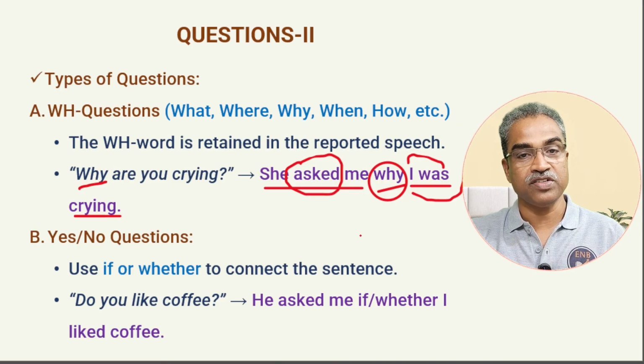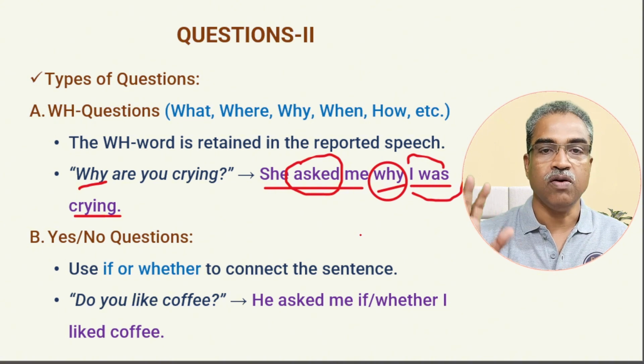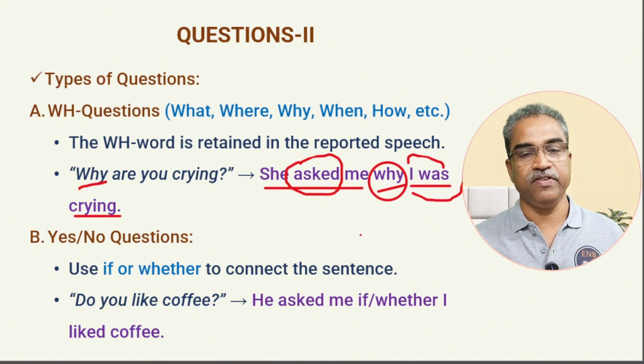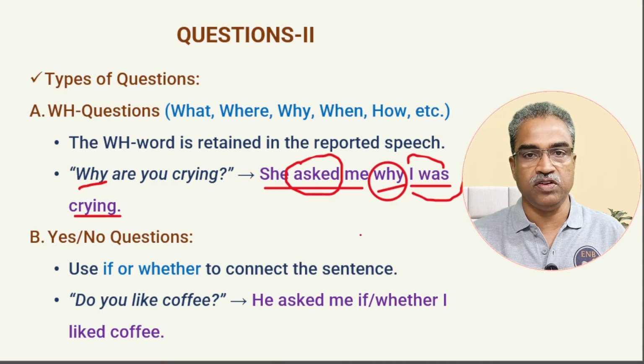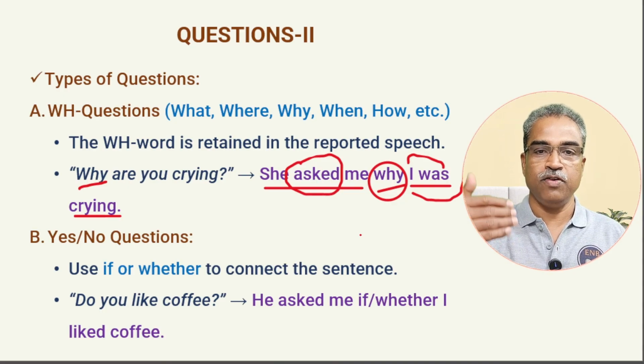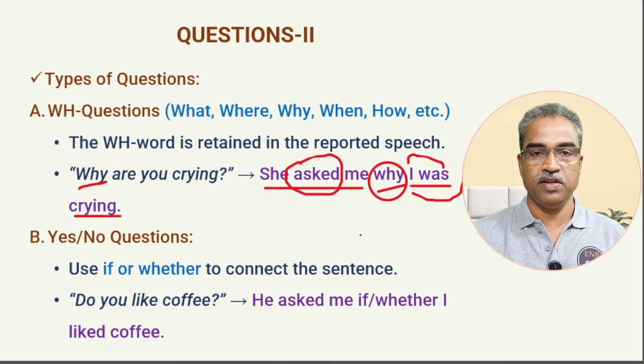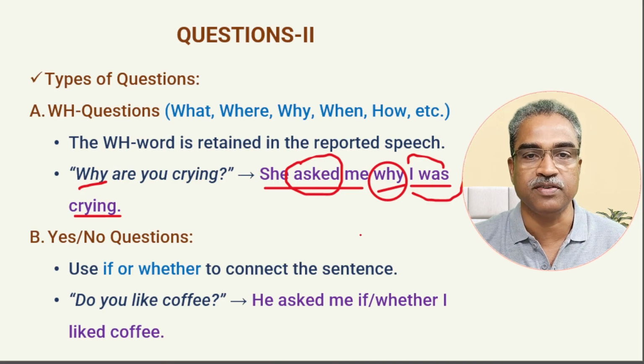So why I was crying, not why was I crying. Why was I crying is a question. A question is not allowed. You only report the question. I hope I am clear. This is very important. If you have not understood, once again, watch this video, go back and see. And if you still find difficulty, please let me know in the comment section.